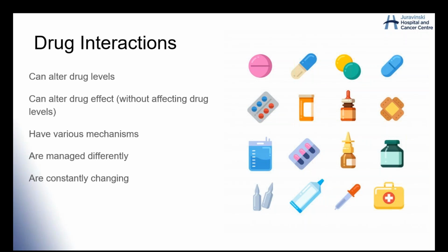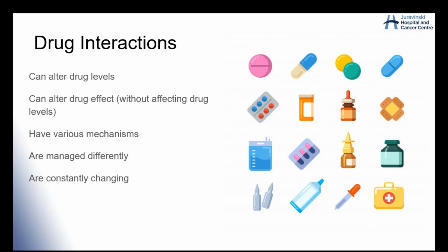Drug interactions are managed differently, meaning sometimes we cannot use the combination of drugs together or the combination of the food item and the drug. And sometimes they can be used together. The only thing we need to do is to change the dose or even just simply monitor, being aware of the drug interaction and monitoring to make sure that it is not significant.